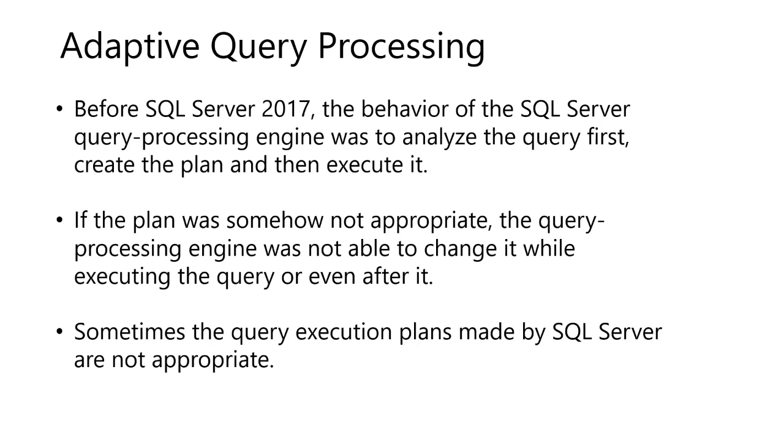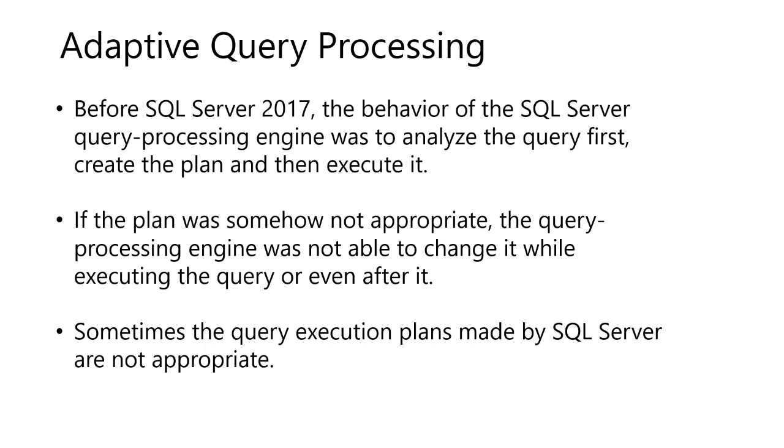With adaptive query processing, what Microsoft is doing is, okay, when we get the plan generated, let's provide feedback about the plan to see how well or badly it is used, and then make certain adjustments to the plan in order to adjust, for example, the memory grants, right?